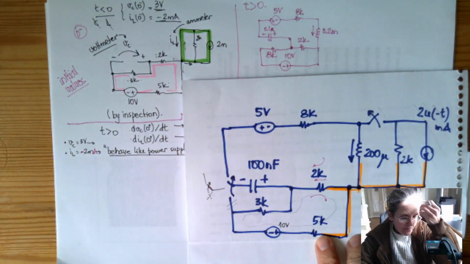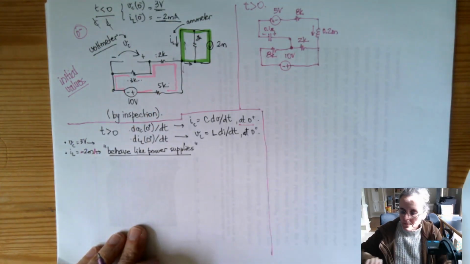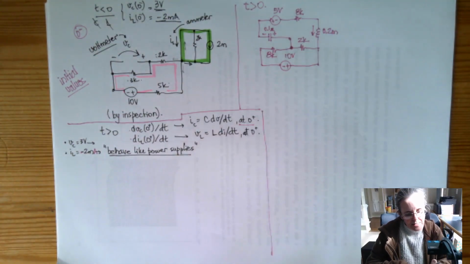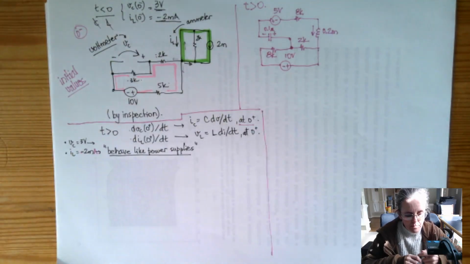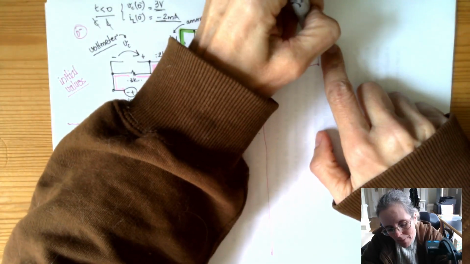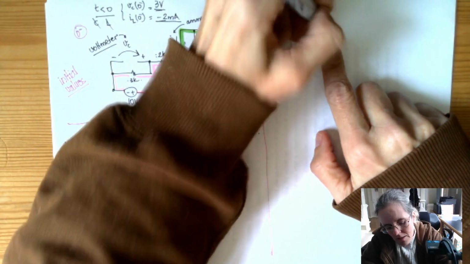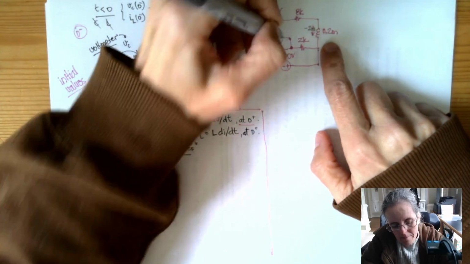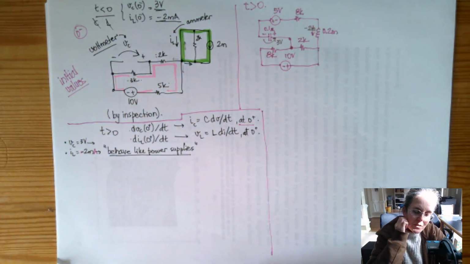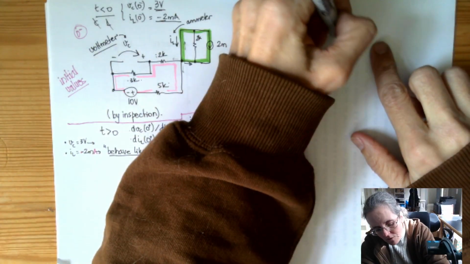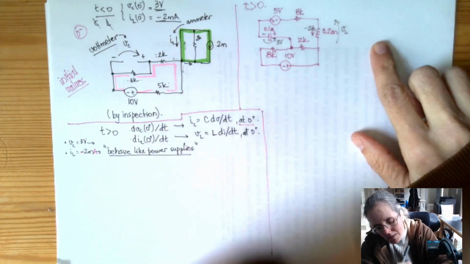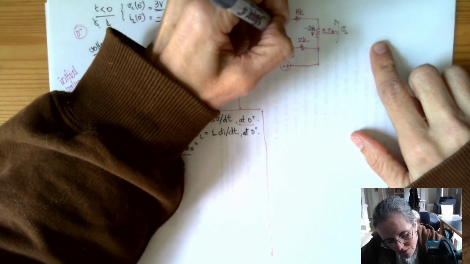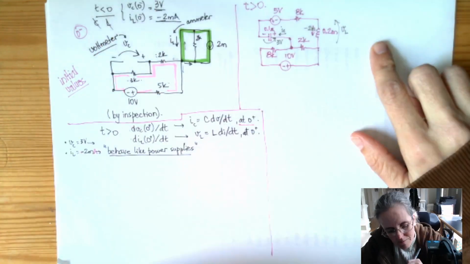Okay, this is the circuit, and what I am going to consider now is that this current here is minus 2 milli, and this voltage here is 3 volts. What I'm interested in finding is this voltage, VL, and this current here, IC.